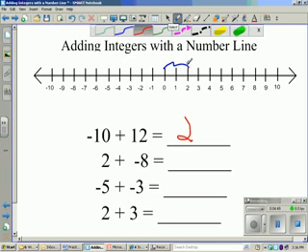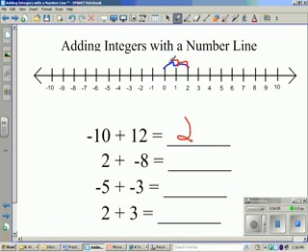And it will be 8 units to the left. And I'll start where I left off. 1, 2, 3, 4, 5, 6, 7, 8. And I end up at negative 6 on the number line. So my answer is negative 6.